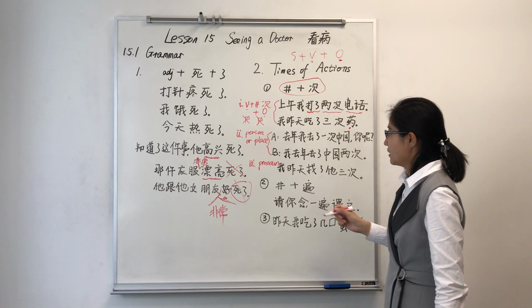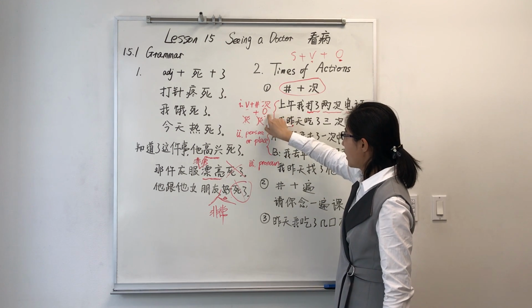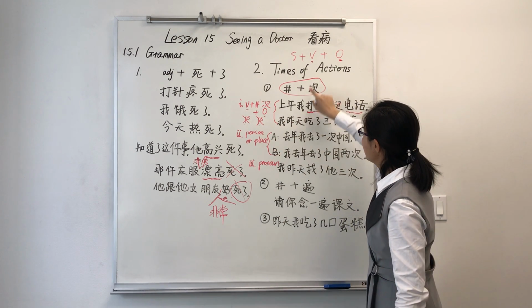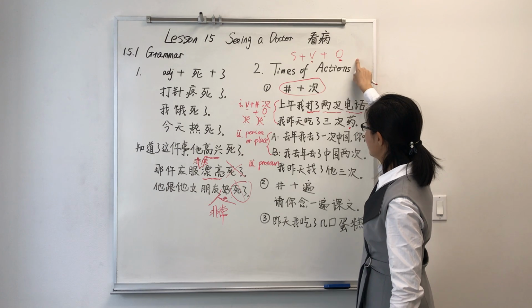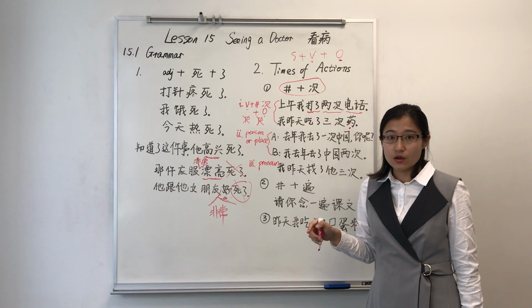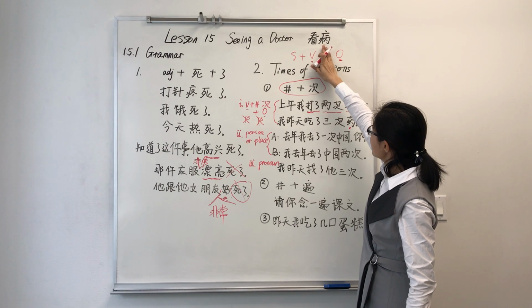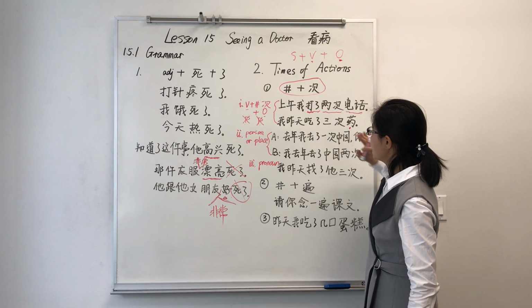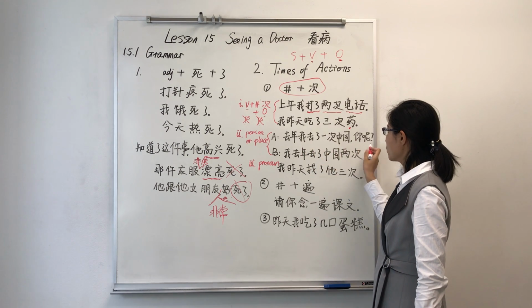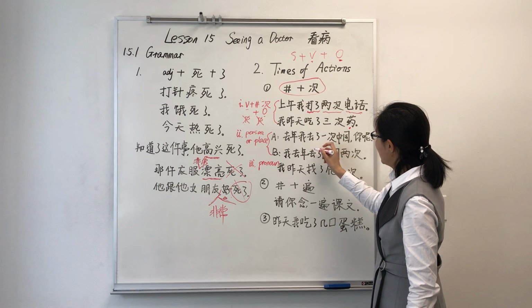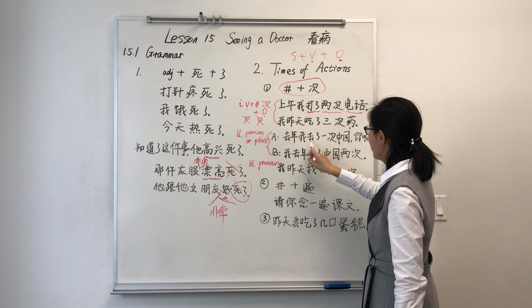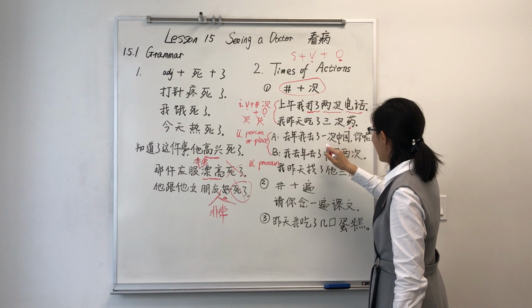Next case, if the object is a person or a place, we can put it here or here. For example, 去年我去了一次中国，你呢？ 去年, last year I went to China once.